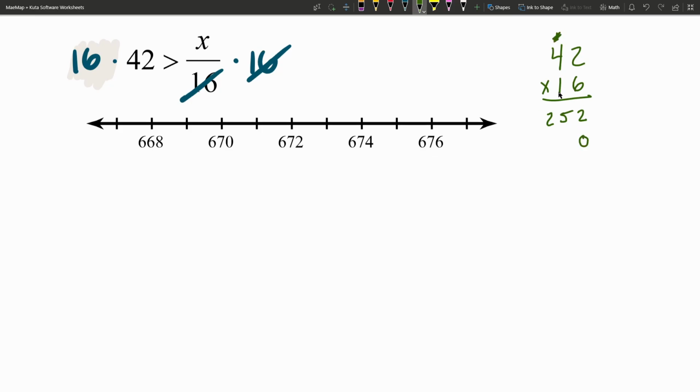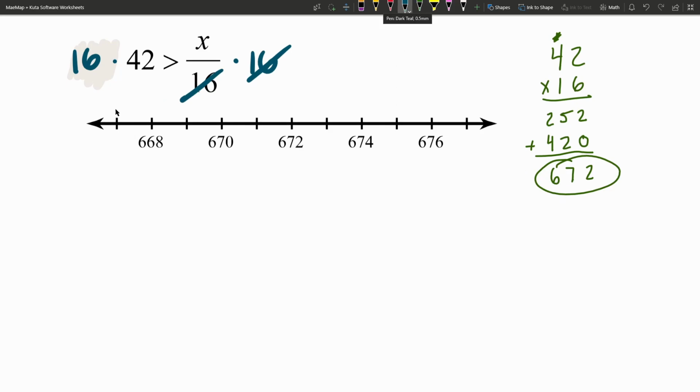Now let's go through. 1 times 2 is 2, and 4 times 1 is 4. So we have 252, and we're going to add that to 420. 2 plus 0 is 2, 5 plus 2 is 7, 2 plus 4 is 6. So 672 is what we get when we multiply 42 by 16.